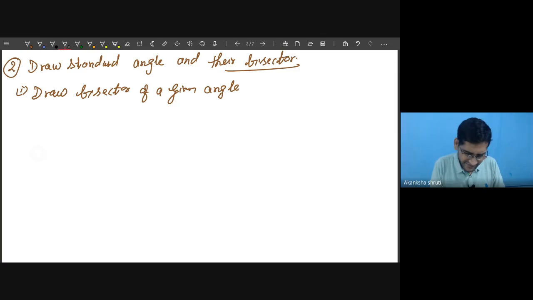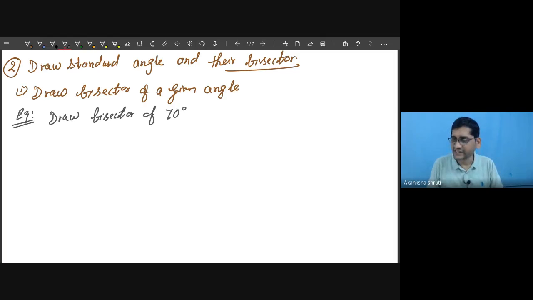For example, draw the bisector of say 70 degree.